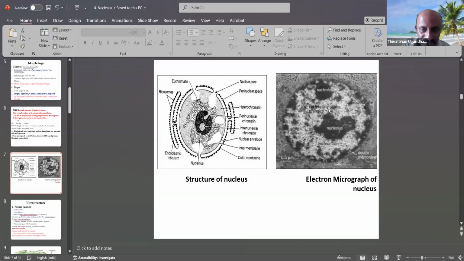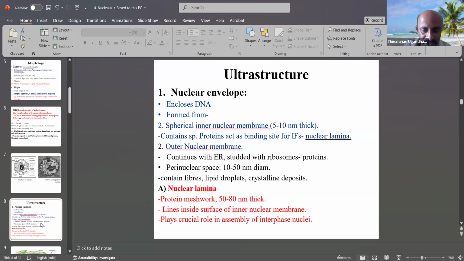Next is the ultrastructure of the nucleus. This ultrastructure is a characteristic feature of the nuclear envelope, which encloses the DNA. The second one, the spherical inner nuclear membrane, is 5 to 10 nanometers thick.